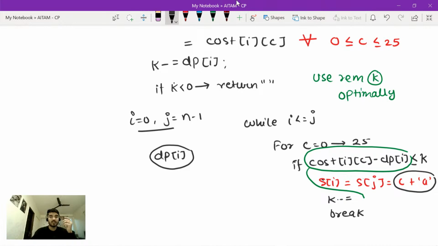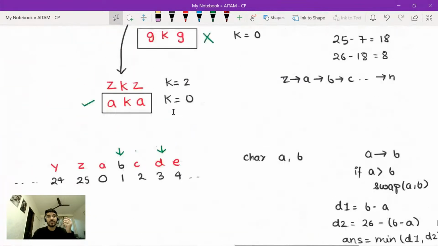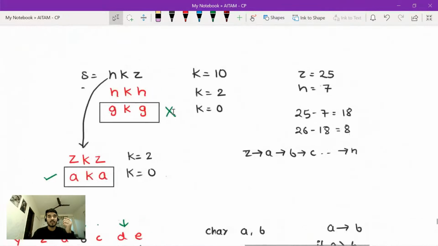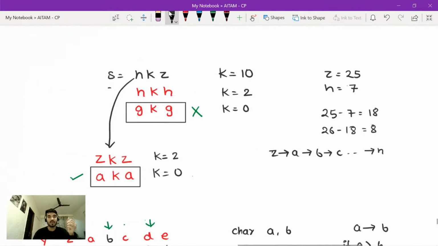Because, let me explain with an example. So H, K and the same example. Cool. So H, K and Z. First, I computed the dp values. dp of 0, this is index 0, then index 1 and index 2.